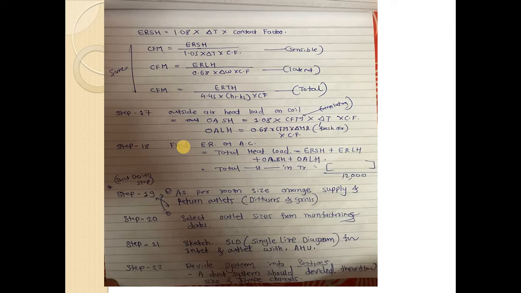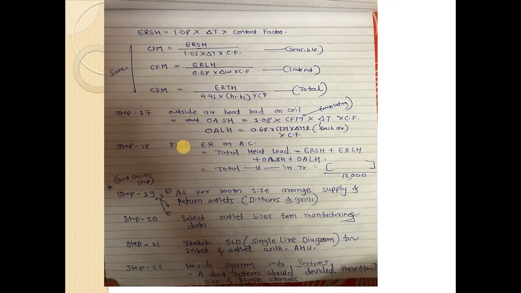For latent, we calculate the CFM using the formula ERLH upon 0.68 into delta W, that is the humidity ratio difference we previously discussed, into the contact factor.